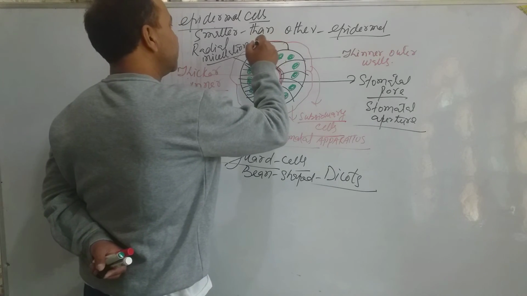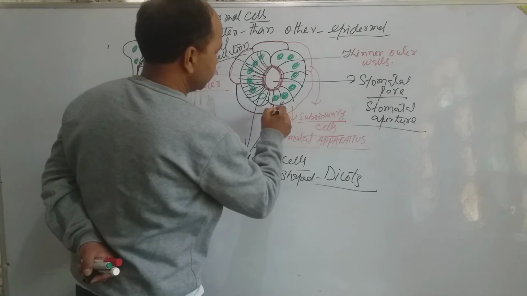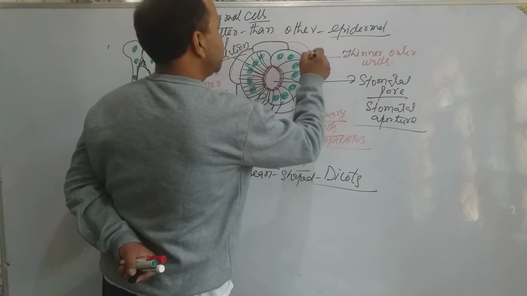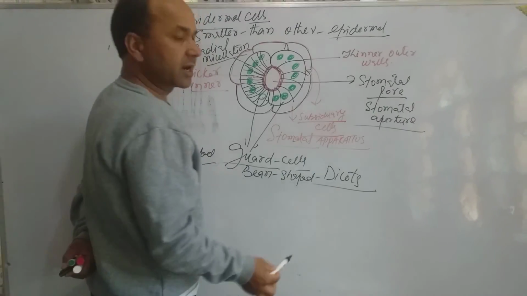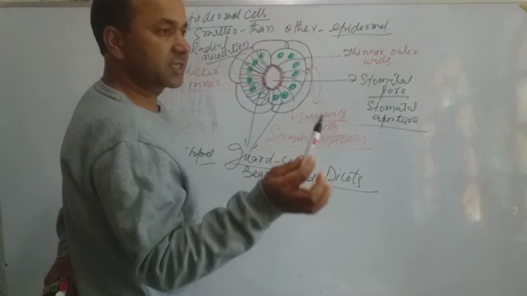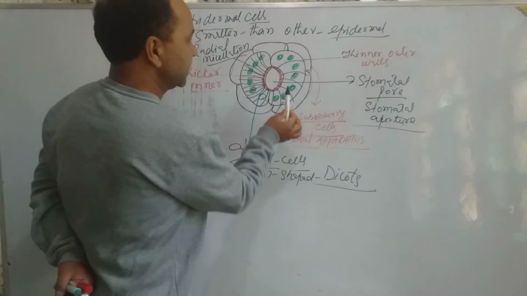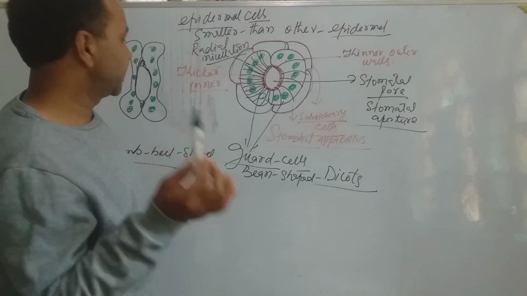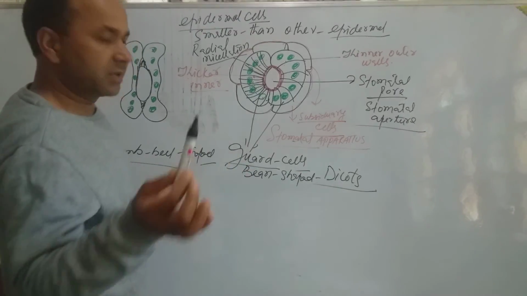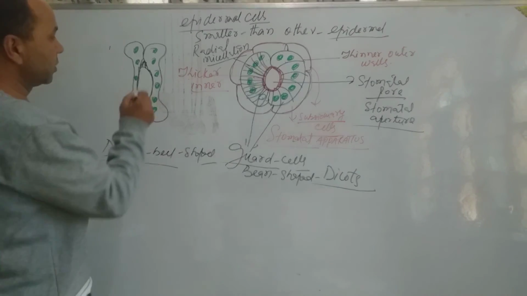Now you can answer a few important questions here. This is a structure known as the stomatal apparatus. It consists of a stomatal pore which is surrounded by two guard cells. These guard cells are kidney shaped or bean shaped in case of dicots, but these guard cells are dumbbell shaped in case of monocots.